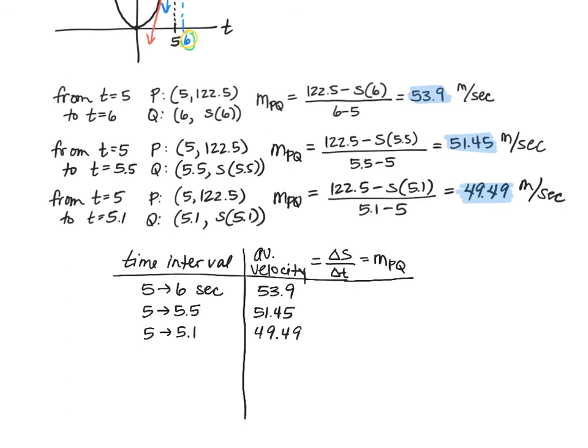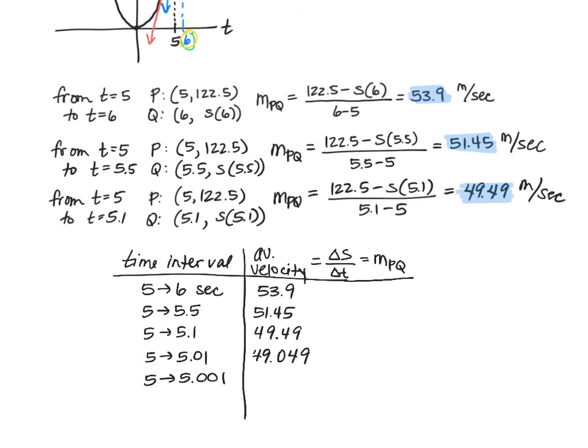And we don't see a trend, so we're going to have to make our time interval smaller. So let's go from 5 to 5.01, and again from 5 to 5.001. Pause the video, see if you can get these velocities, and then compare with my answers. So our velocity from 5 to 5.01 should have been 49.049.